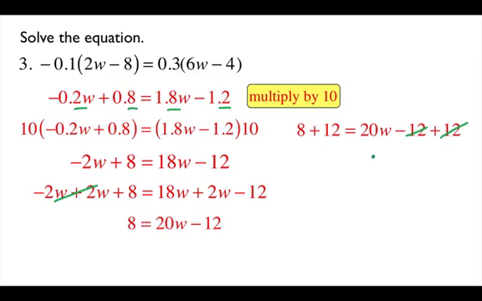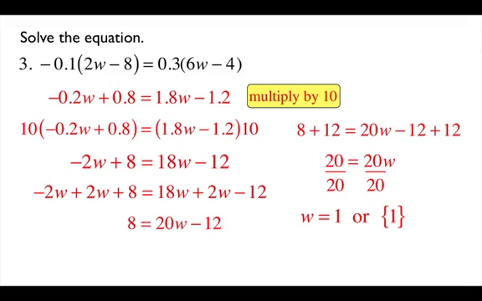This goes away. I end up with 20 equals 20w. Divide both sides by 20 because they are multiplying here. The opposite of multiplication is division. And I end up with w equals 1, or I can use the same notation. Let's go to the next problem.